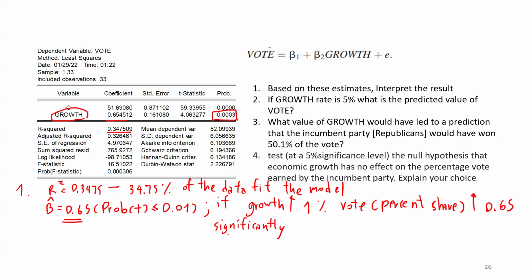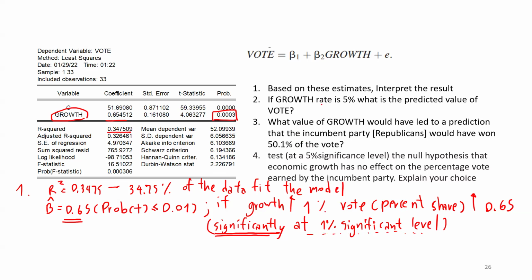So this is the keyword: significant at the 1% significance level. This is the keyword that you have to write when you interpret the result.